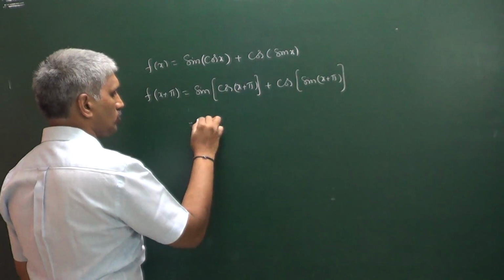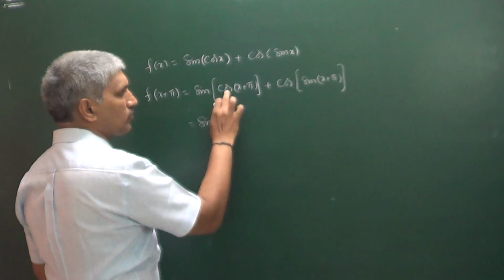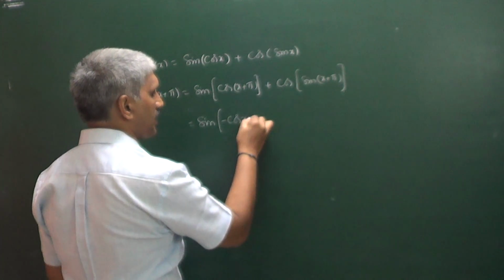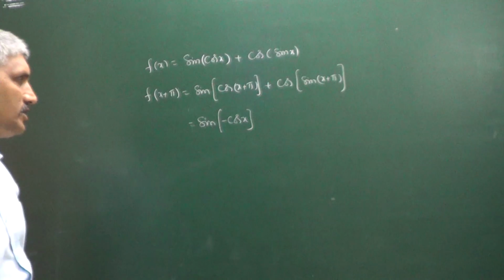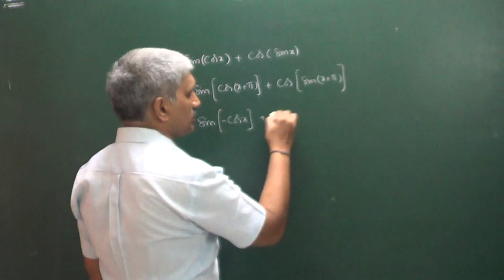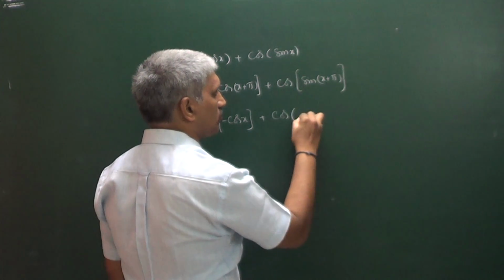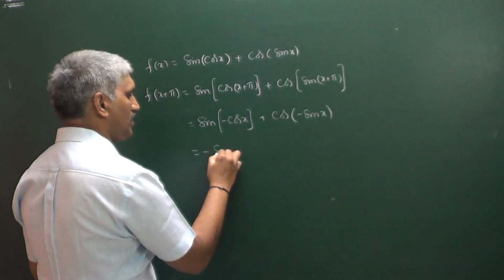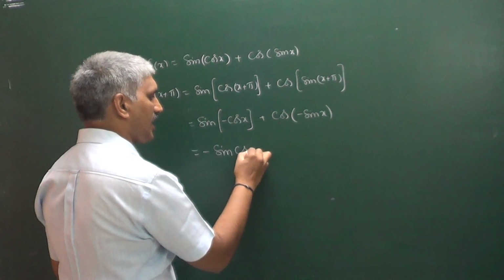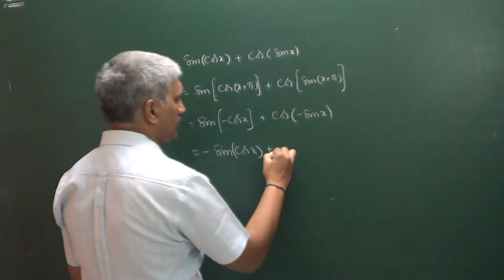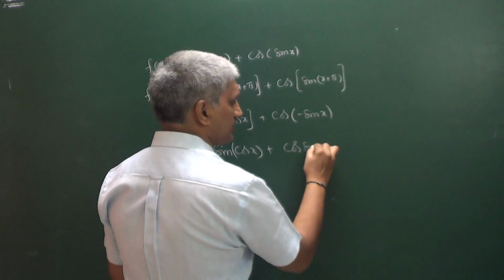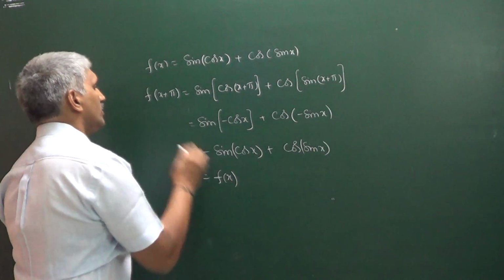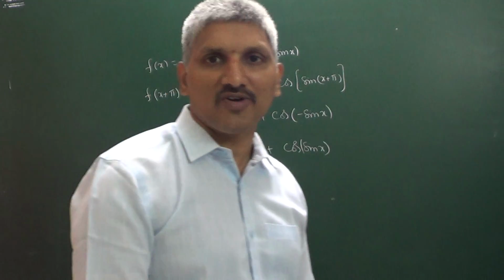Now this is equal to sin of, what about cos(180 + θ)? cos(180 + θ) is equal to minus cos θ, right? Whereas here sin(180 + θ) is equal to minus sin x. Now it becomes minus sin(cos x), whereas here cos(sin x), which is not equal to f(x). f(x + π) is not equal to f(x).